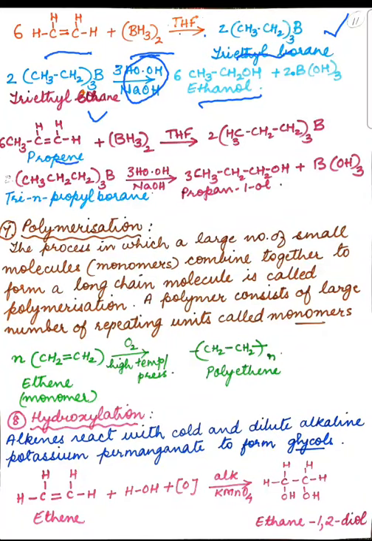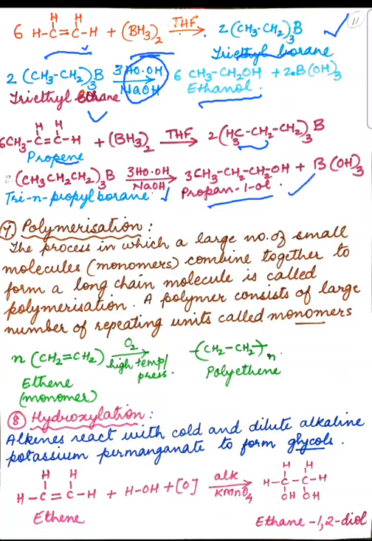Similarly, propene forms tripropylborane, which on further oxidation with alkaline peroxide forms propan-1-ol. That means alkenes form alcohols in this way.